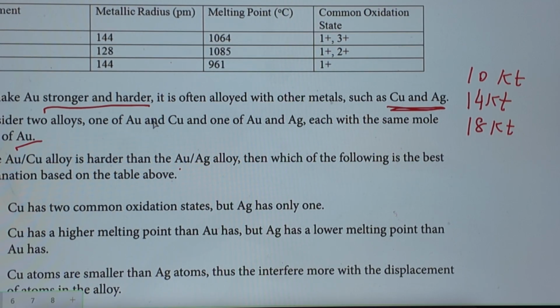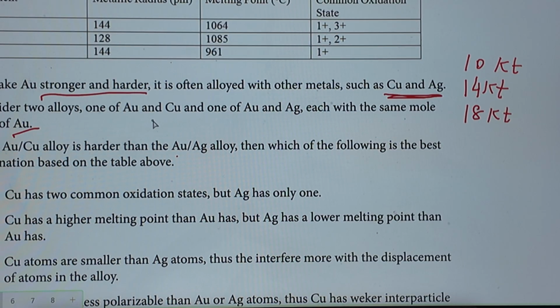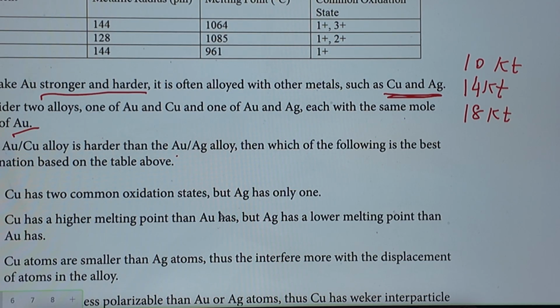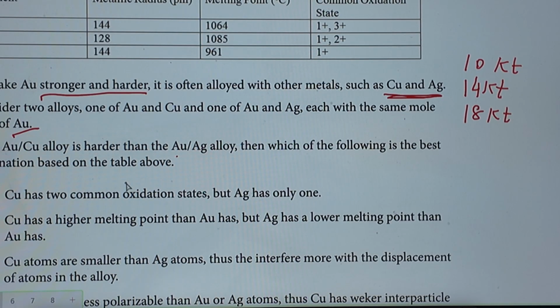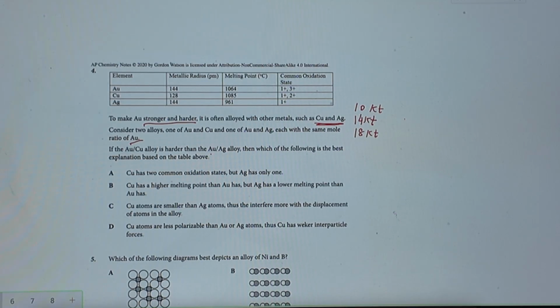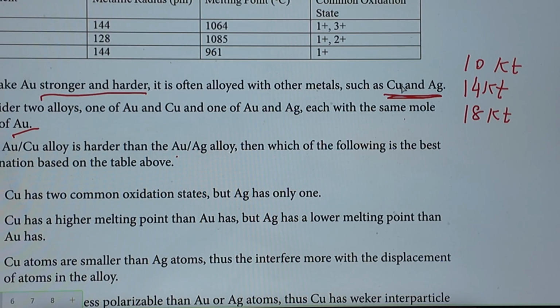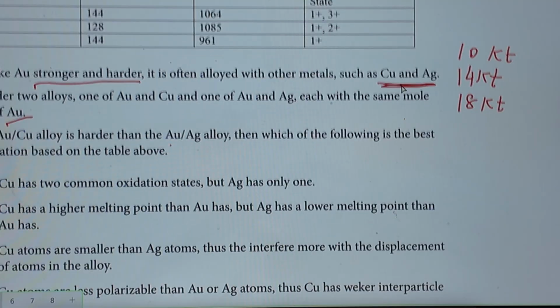Okay, let's see. Copper has 2 oxidation states and silver only has 1. Copper has a higher, let me adjust this. Is there no other way? Is it just the one side or the other? Yeah, I guess so.